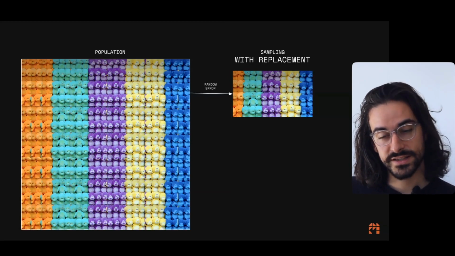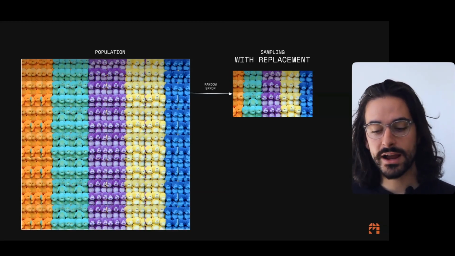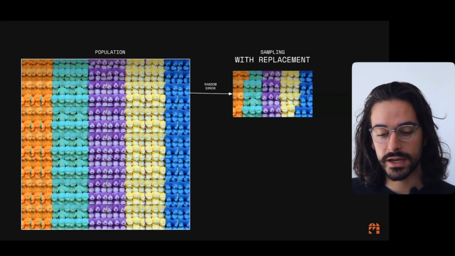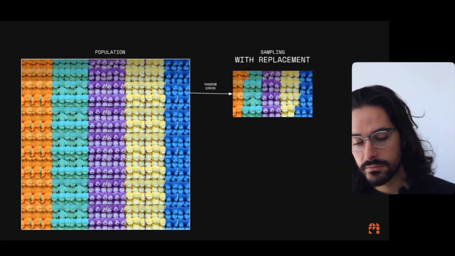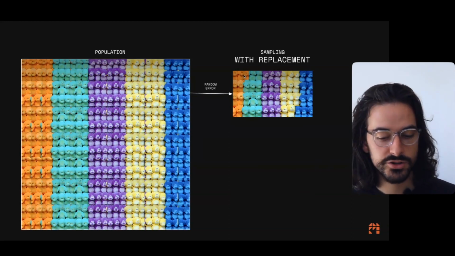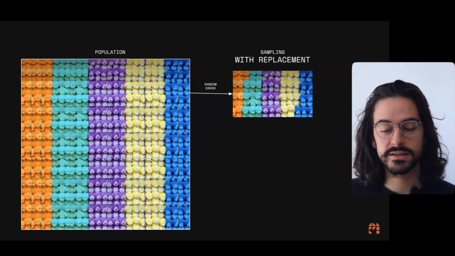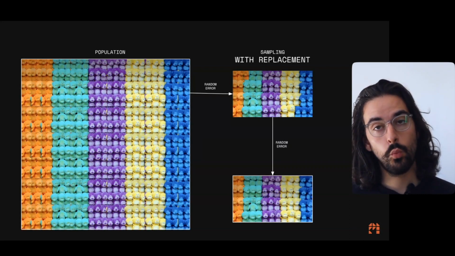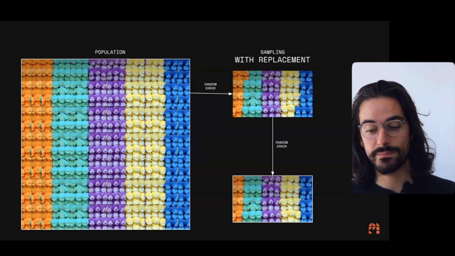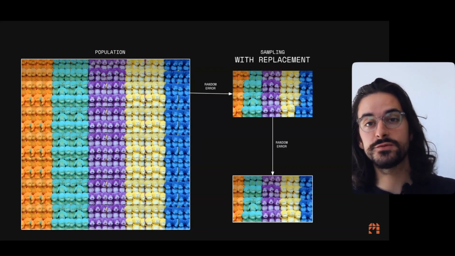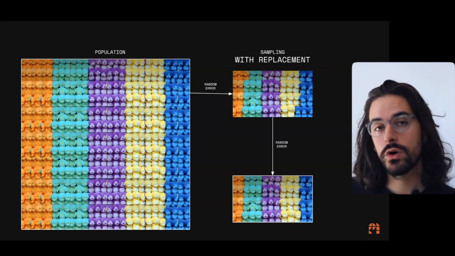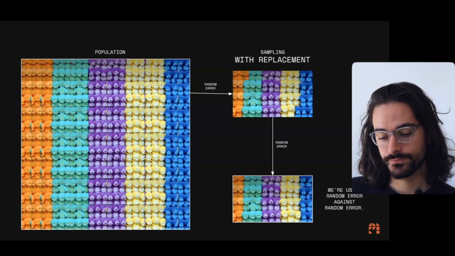When we draw our first sample, there's some random error, so probably we're not going to have the exact same proportion. Probably we're going to have one too many blue bears, one too many orange teddy bears. It's okay. Now, when we use bootstrapping with replacement, we have some chance for random error again when we're drawing our new sample.